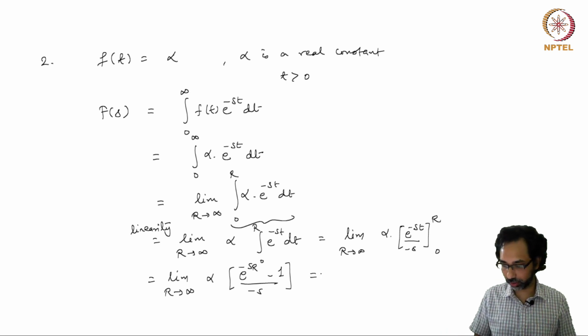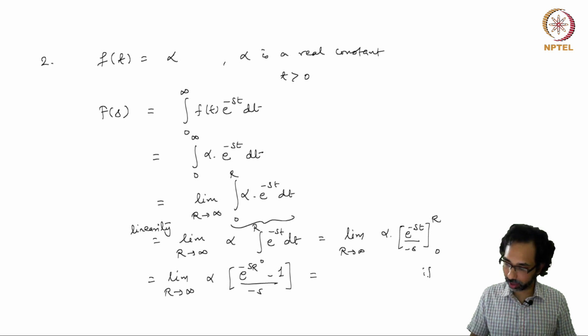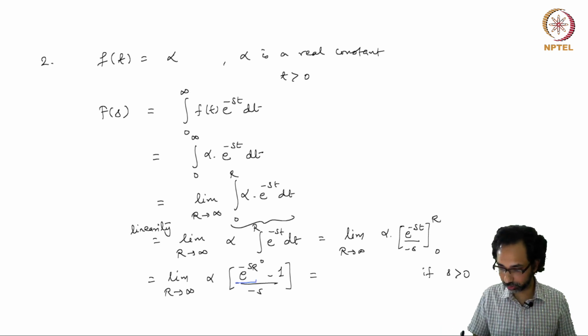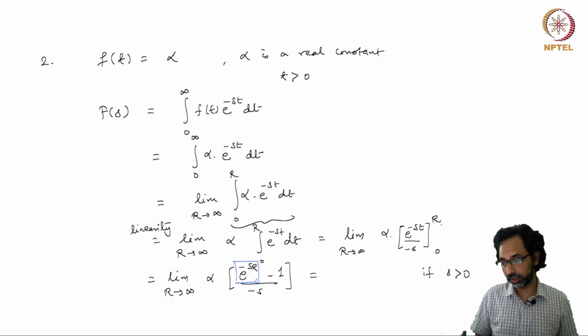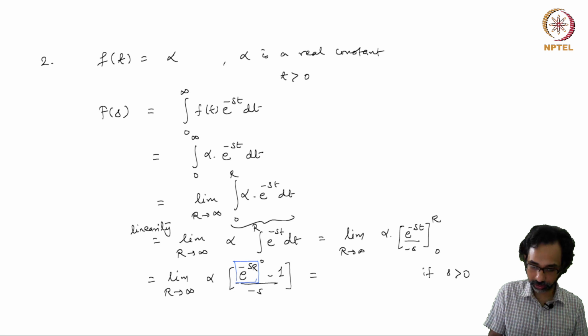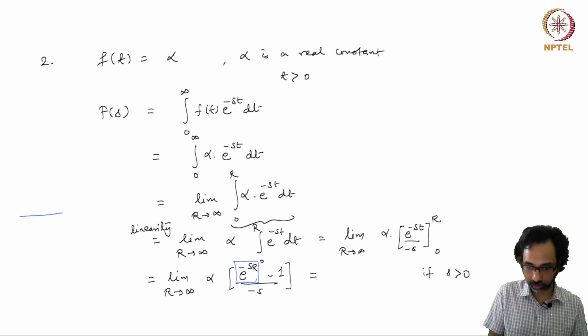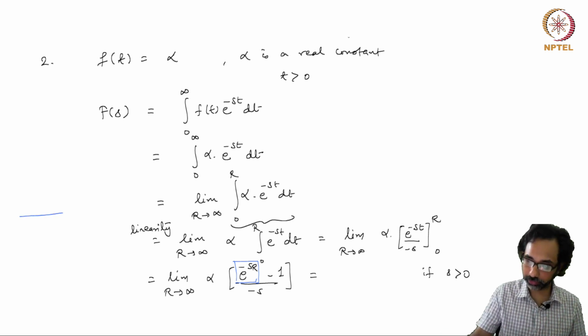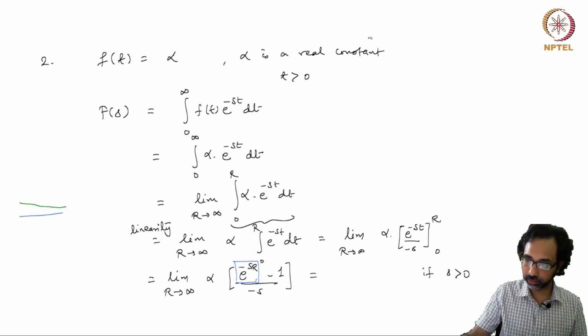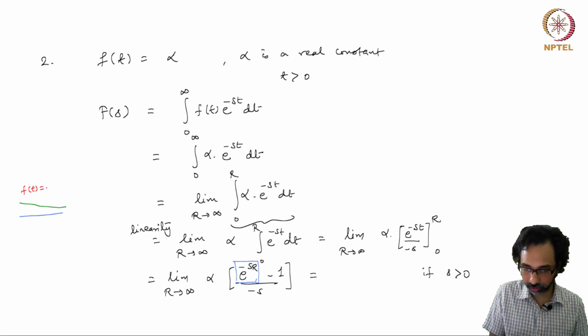Now it is easy to compute this limit, because if s is taken to be positive, then this term in the blue box will go to 0 as r tends to infinity, because this is our graph of e to the minus st. So this is f(t) e to the minus st.